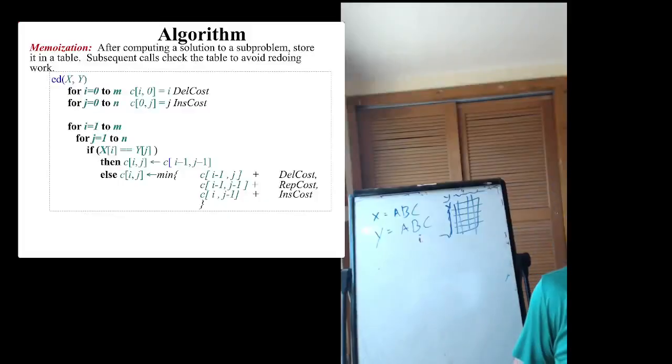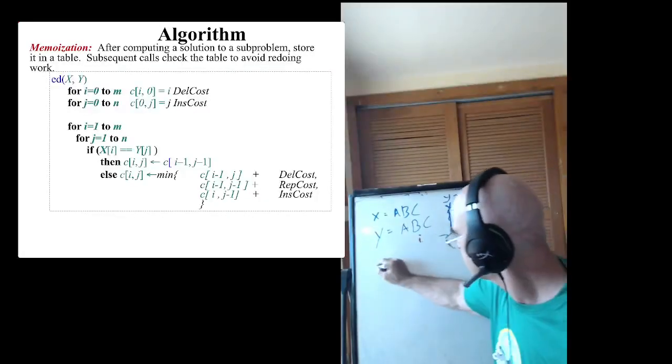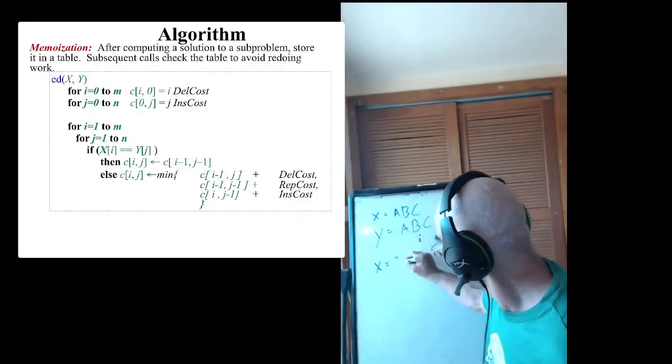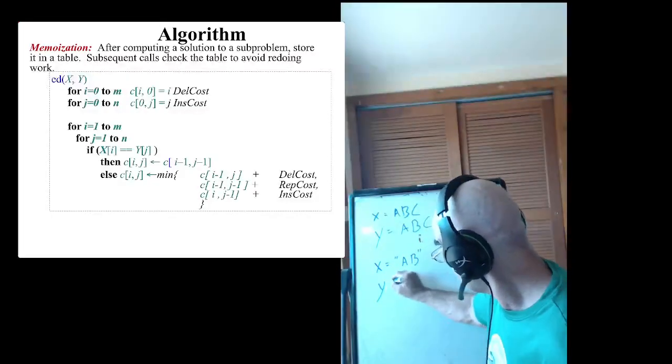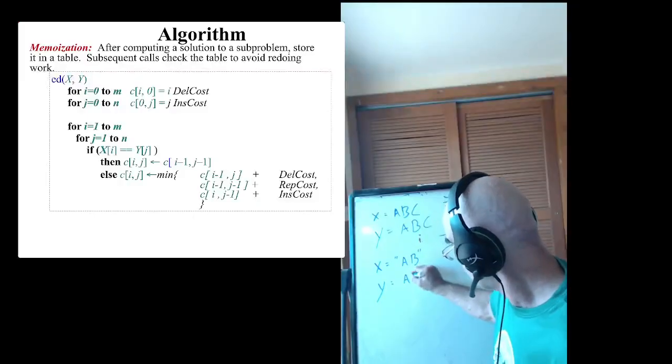So let's take the example of x equals AB, y equals AGB.